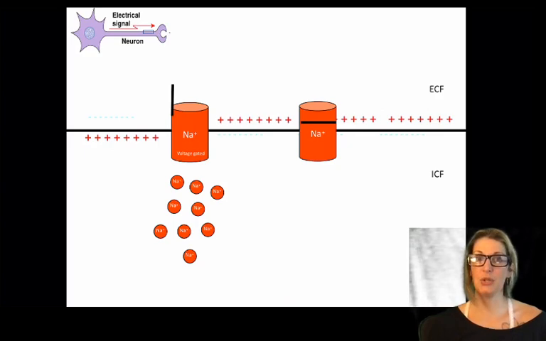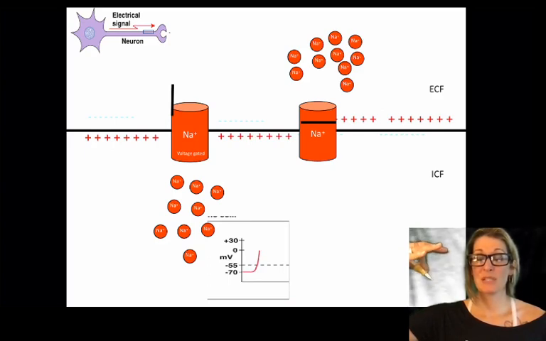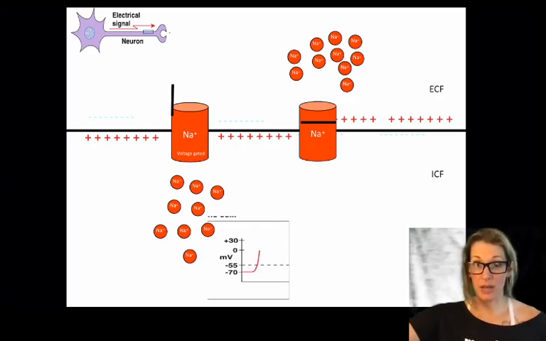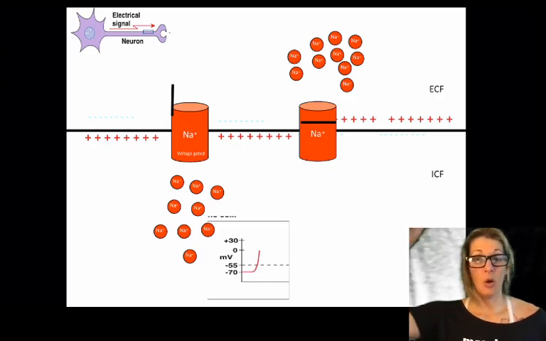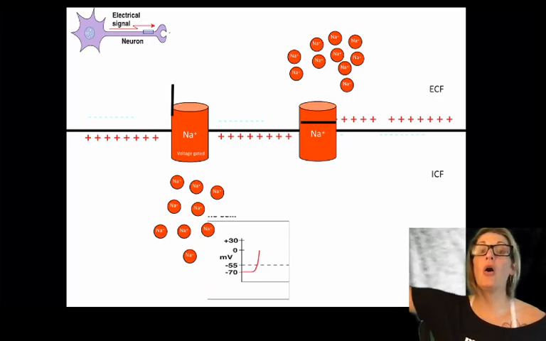Cool. What's that going to do? Well, it's going to flip our membrane potential, right? It flips our membrane potential, and in the axon, when these channels open, it flips our membrane potential big time. Okay, it flips it from negative 70 all the way up to positive 30.